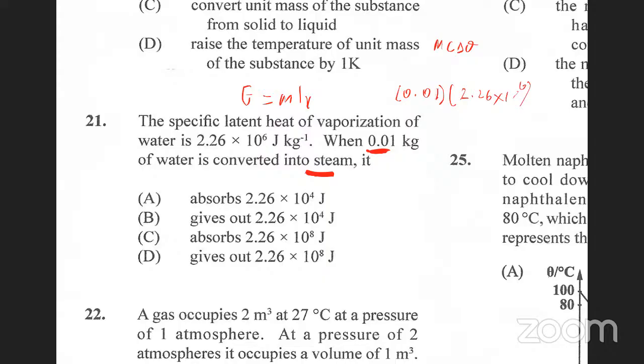So that's 6 minus 2, 4, right? We have water going to steam, so energy is absorbed to break the bonds, right? So that energy, 2.26 absorbed, okay? 2.26 absorbed.